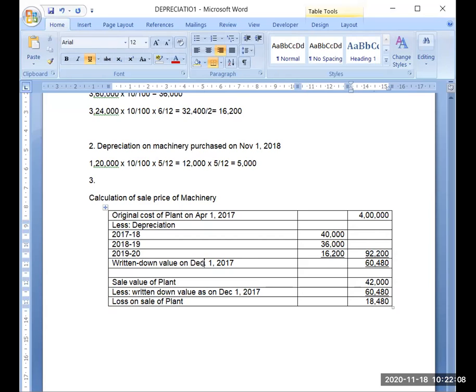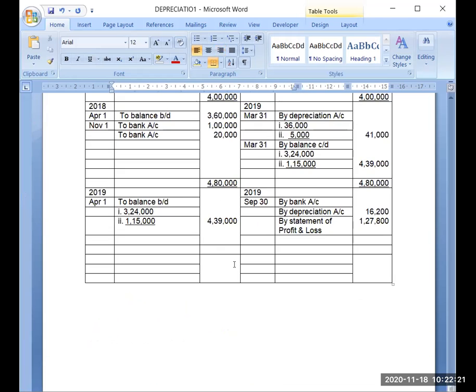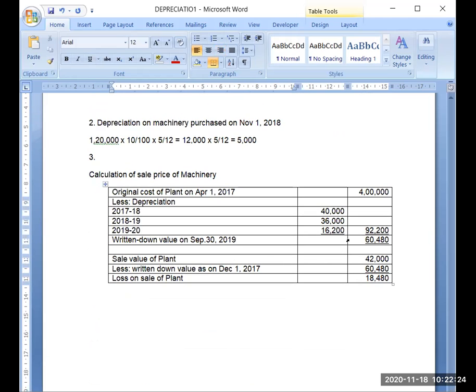on September 30, 2019, this value will be 4 lakh minus 92,200, which is 3 lakh 7,800.